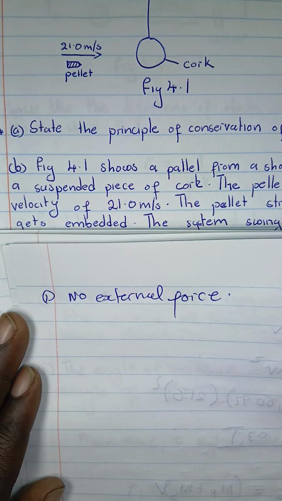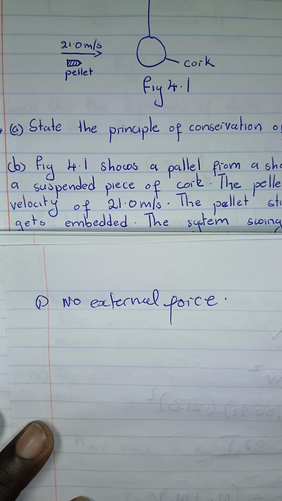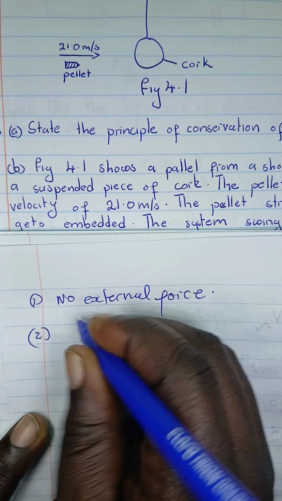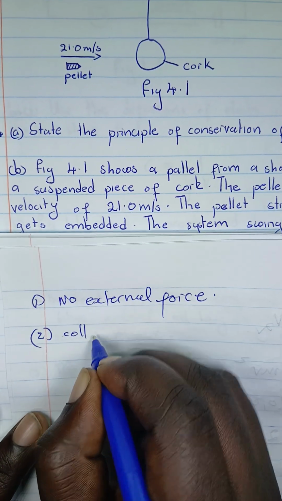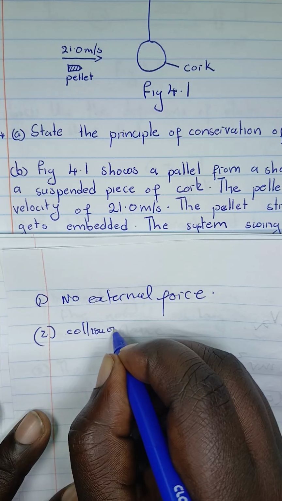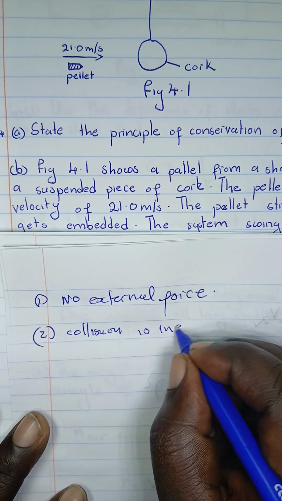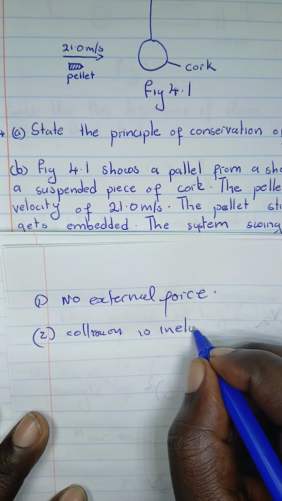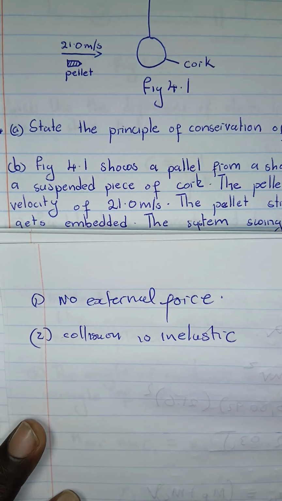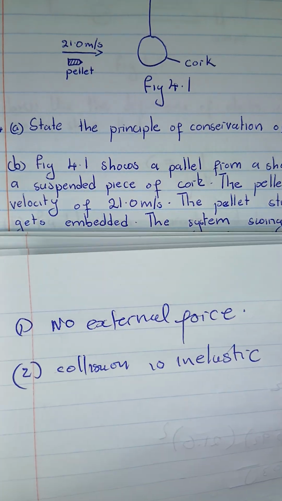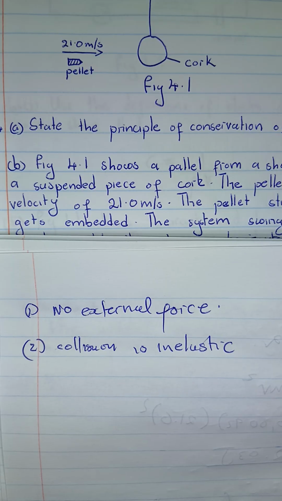So we assume that this is a closed system. Second, we assume that the collision is inelastic. So those are the two main assumptions that we made.